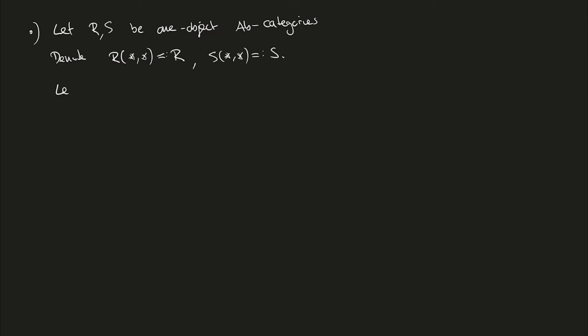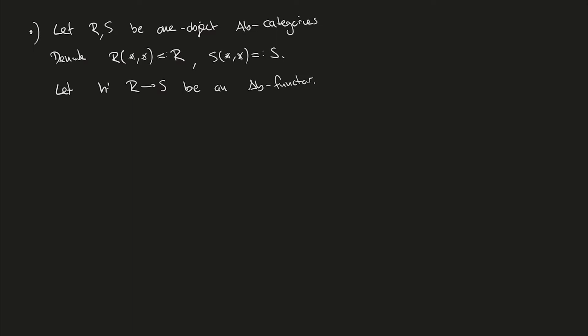And now we let H going from R to S be an Ab-functor. What does this mean? Well, an Ab-functor needs to have an object map, but in this case, the object map is trivial because we only have a single object in each category, so there's only one choice we can make there.